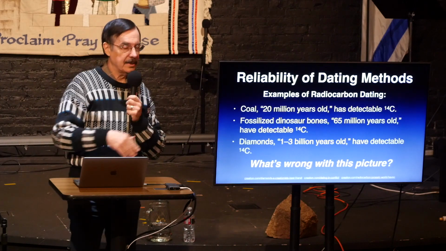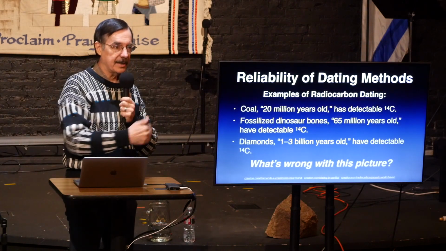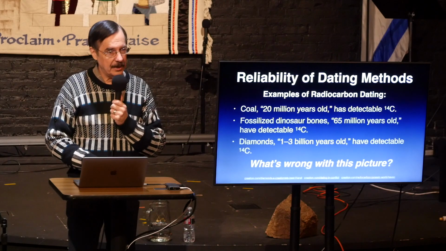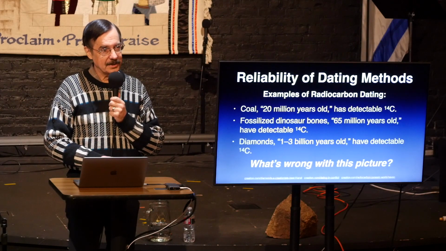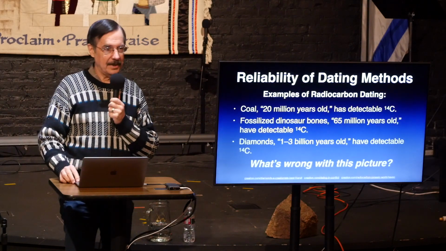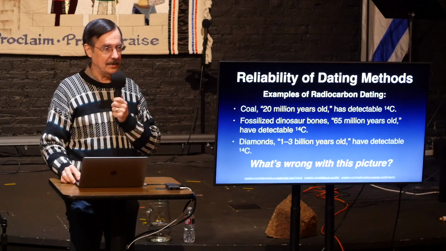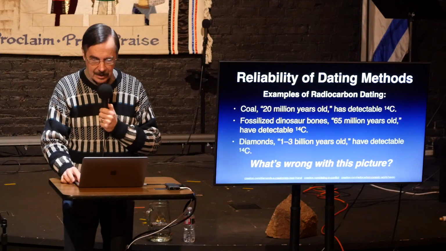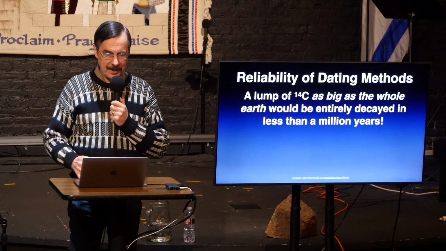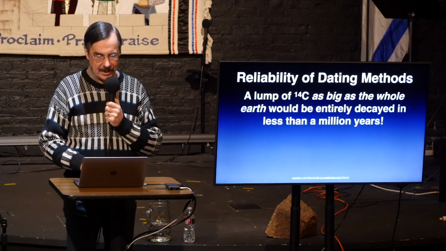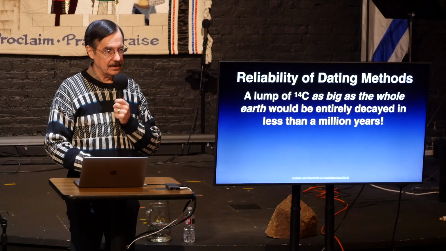Remember, the half-life of radioactive carbon is 5,730 years, which is not that long if you're trying to calculate ages, especially if you have a deep time assumption. A lump of carbon-14 as big as the whole Earth would be entirely decayed in less than 1 million years.